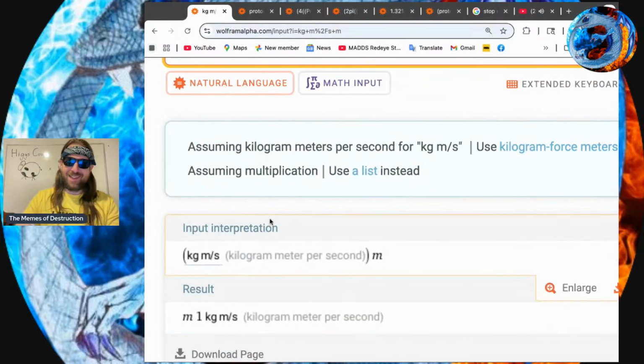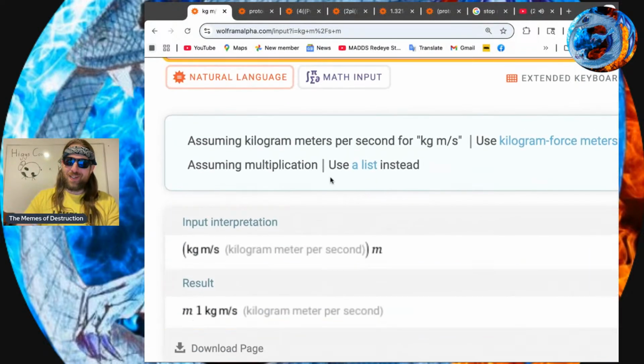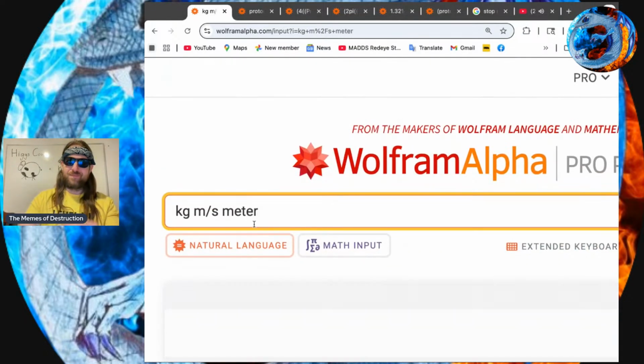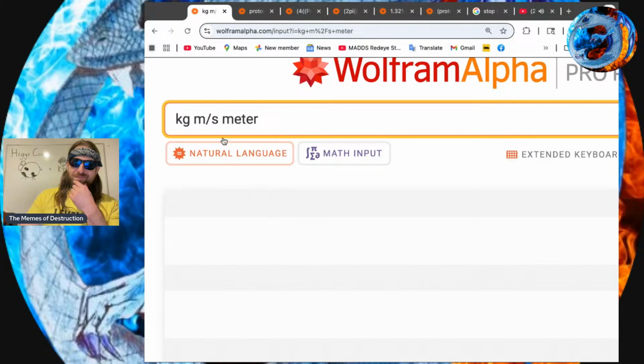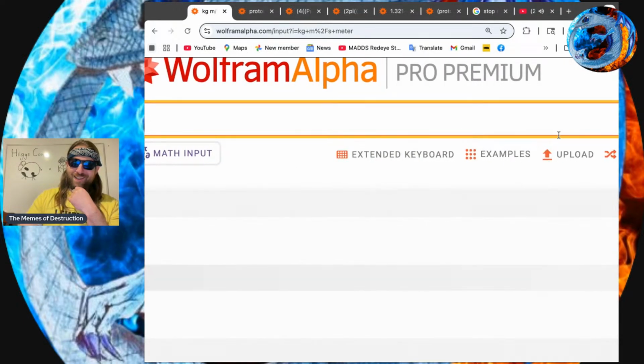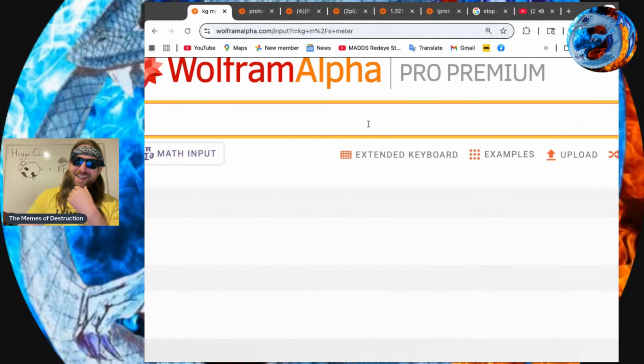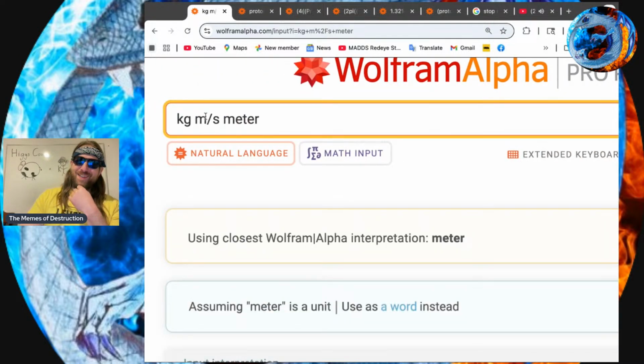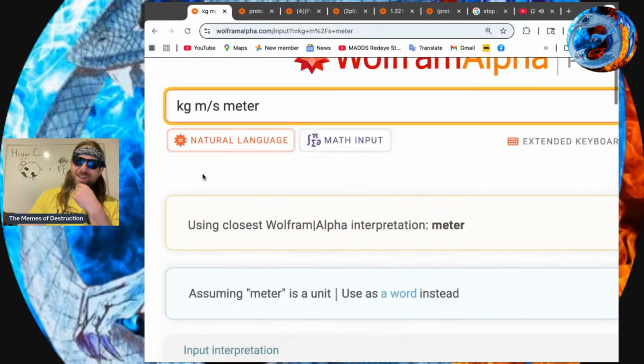It's very, very noob. Meter. Oh, I'm making it very angry. Long story short is you get a mass, you get 2 lengths in there, or distances. You divide it by a second, and then you get joule seconds.